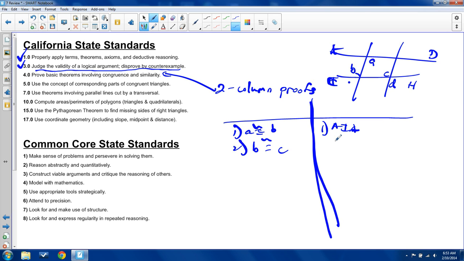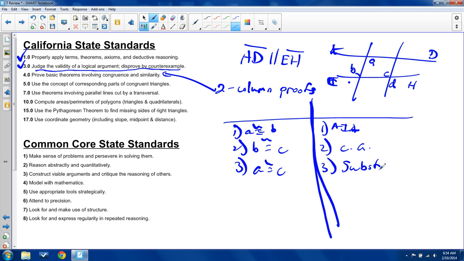And now it said AD was parallel to EH, by the way. AD was parallel to EH. That's what makes these work. So these are corresponding angles. And then we said A is congruent to C then by substitution. And I actually helped you out on that step.